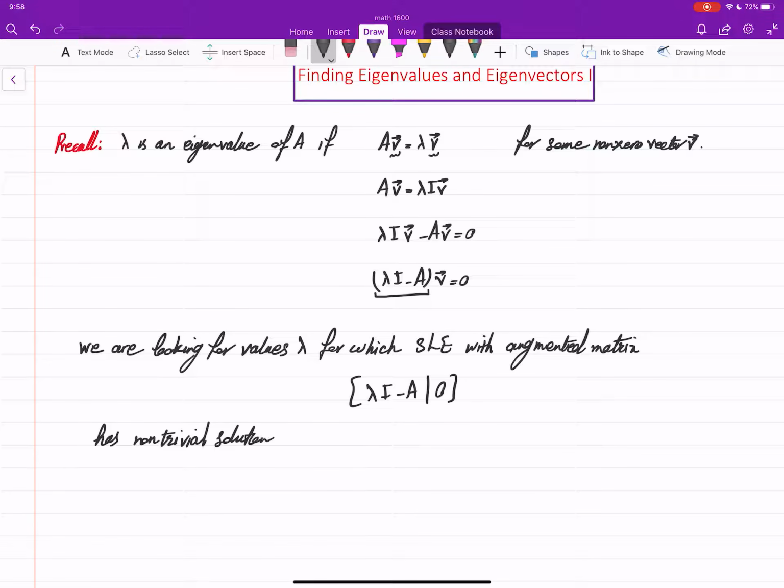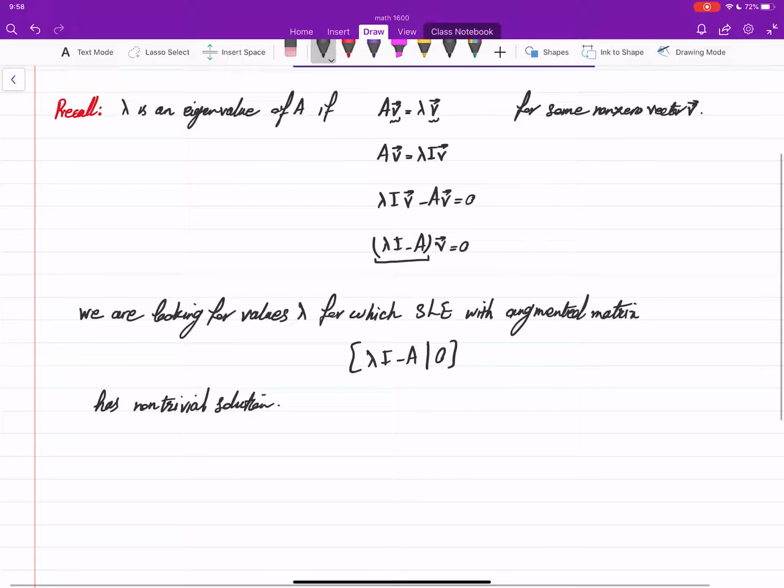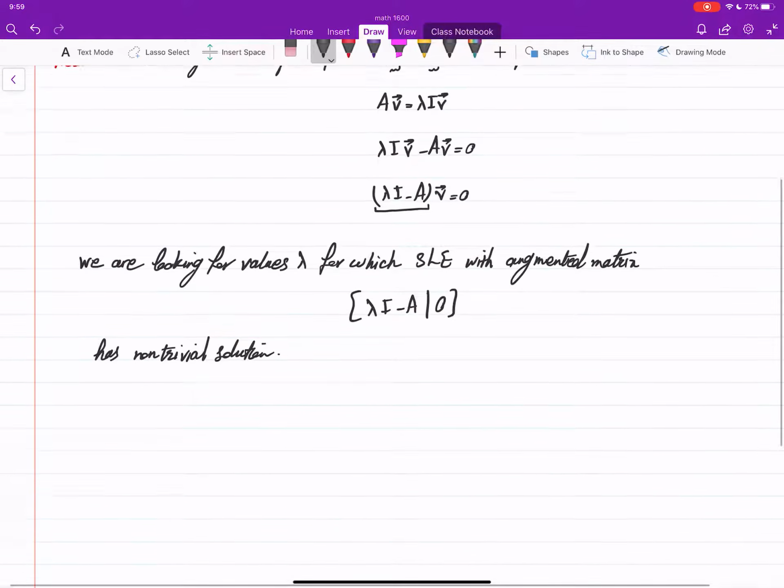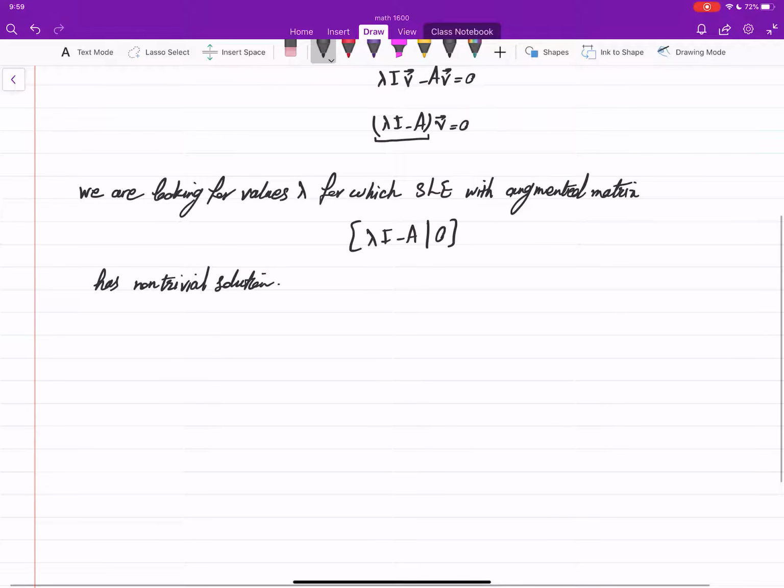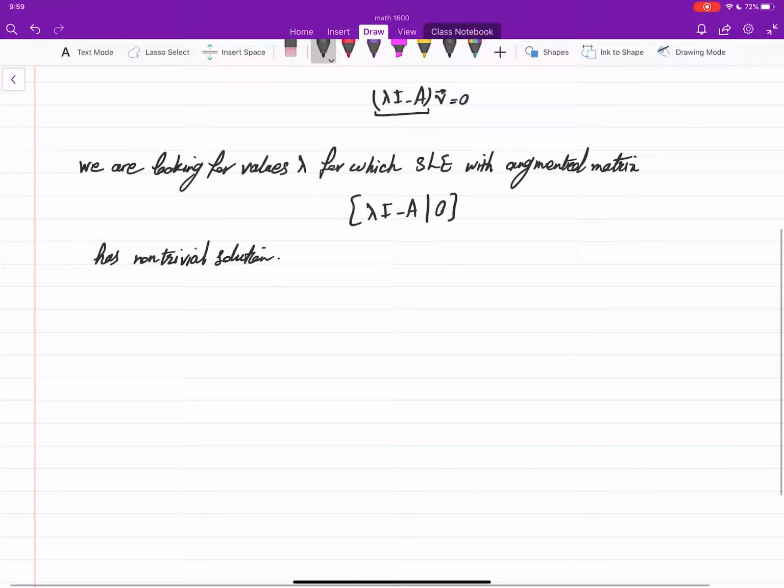So we are looking for such lambdas. This will be one of those questions where the augmented matrix has some variables in some entries, and you have to find for which values of lambda the system has non-trivial solutions. Okay, so let's see these things through some examples.